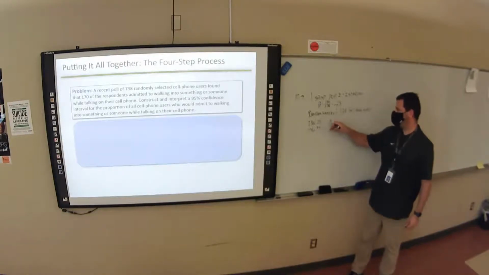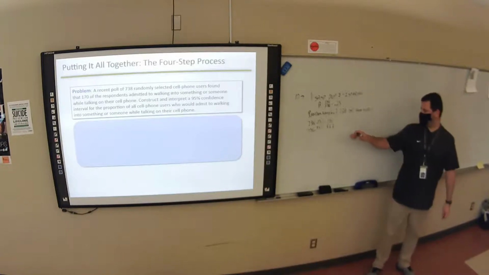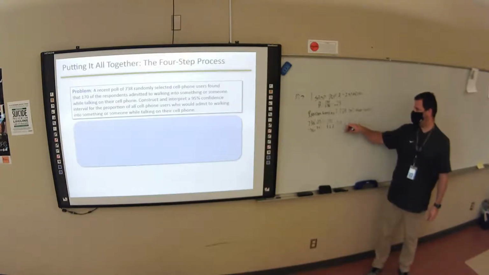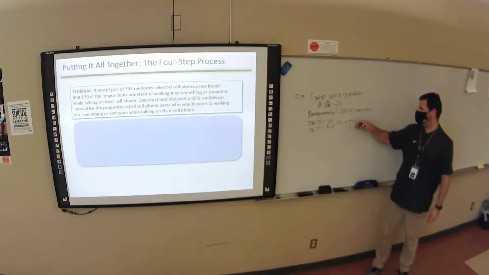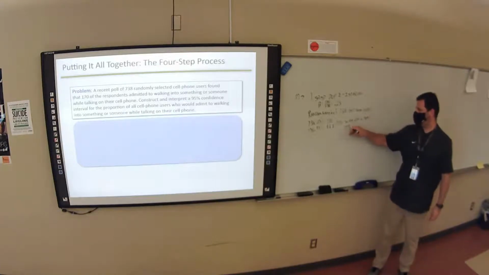This will be 170. This will be 676, I think. Greater than or equal to 10. So the distribution is approximately normally distributed.